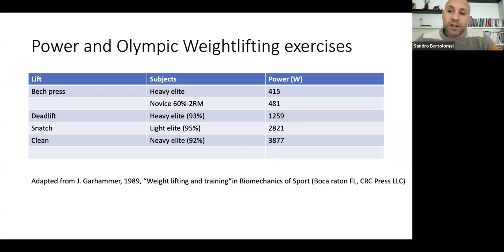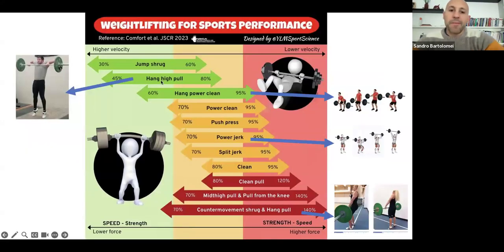But if you are not a weightlifter, using a portion of the actual weightlifting exercise technique may be optimal to stimulate power. So for example, hang high pull is more popular than snatch among strength and power athletes, because it's less traumatic for the shoulder and elbow compared to snatch and clean and jerk.